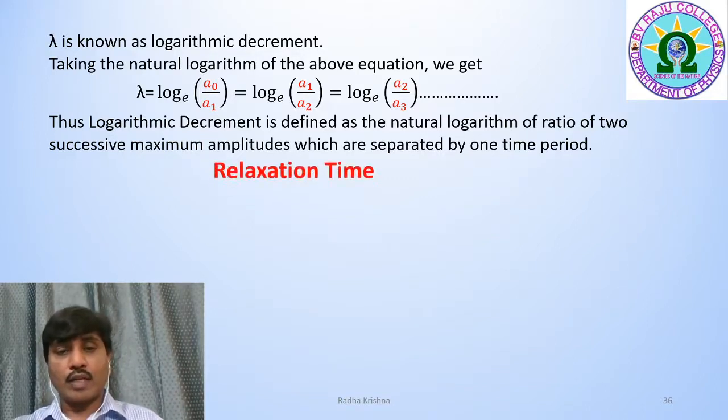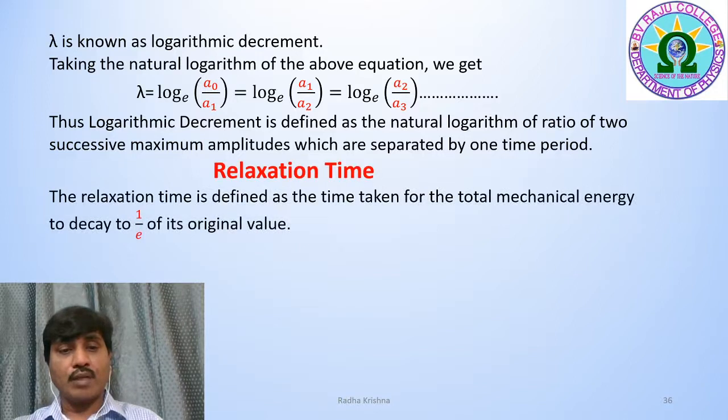Now the next topic is relaxation time. The relaxation time is defined as the time taken for the total mechanical energy to decay to 1/e of its original value. That means in the case of a damped harmonic oscillator, the oscillations decrease gradually with time, so the mechanical energy also decreases with time.